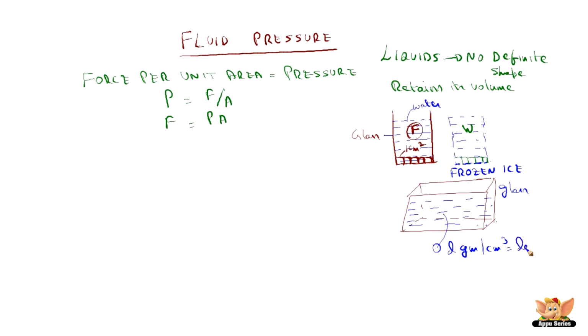This is the density of the fluid, and the container's height is h. Now imagine a liquid column with a base area of 1 centimeter square, that is, length and width of 1 centimeter, and height h.